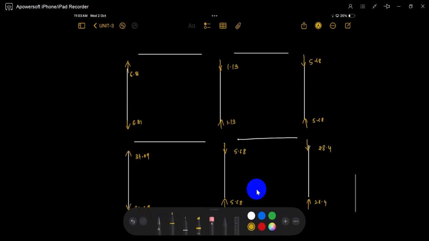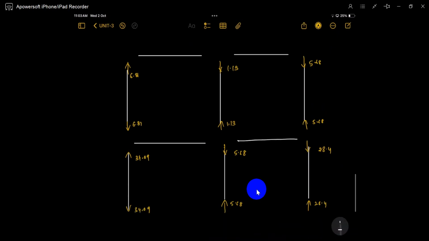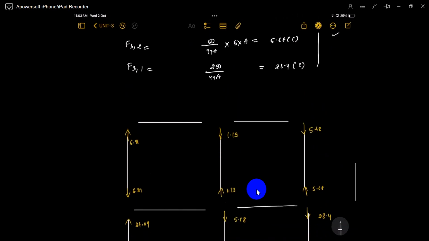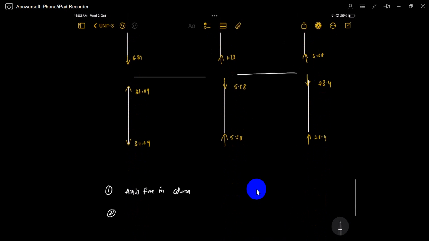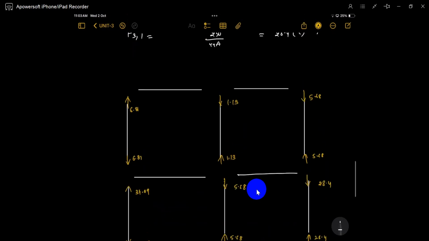Based on equilibrium equations, the first thing we should do is the axial force in the column. The second thing is shear in the beam. How can you calculate shear in the beam?